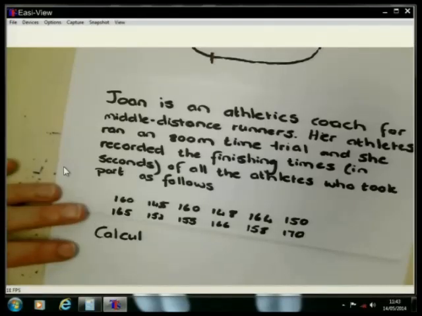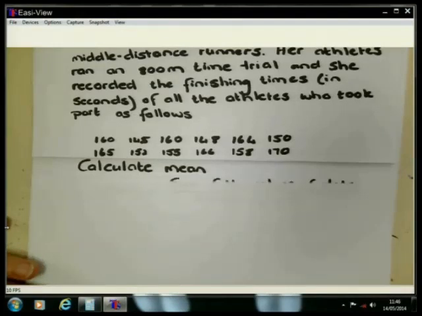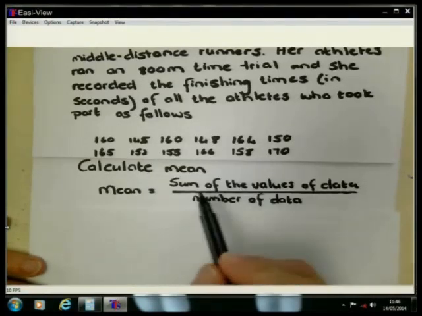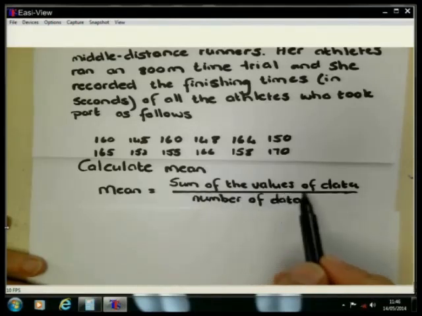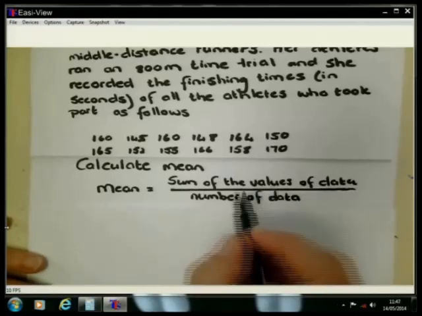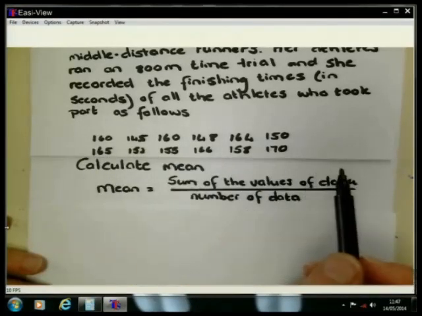How do we calculate the mean? We are going to make use of the following formula. We are going to get the sum of all the values that appear in this data set, and we're going to divide it by the number of data in the data set.